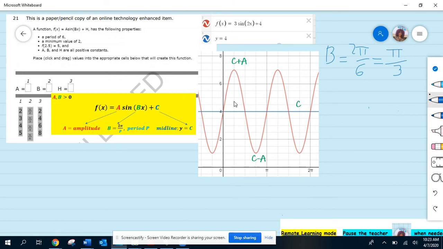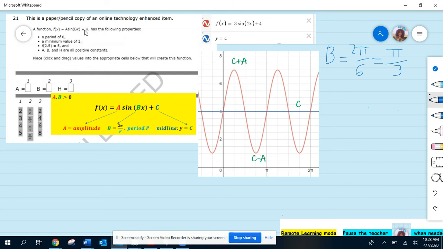The distance from the midline to the top, to the maximum, is the amplitude. So that's why the maximum is midline plus amplitude, C plus A. And the minimum will be midline minus the same distance, the amplitude, so it will be C minus A.